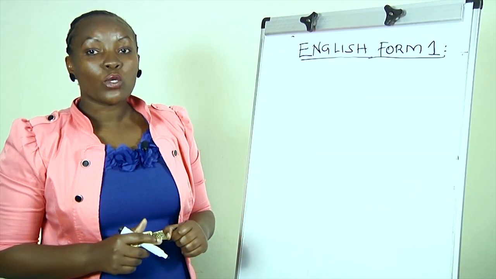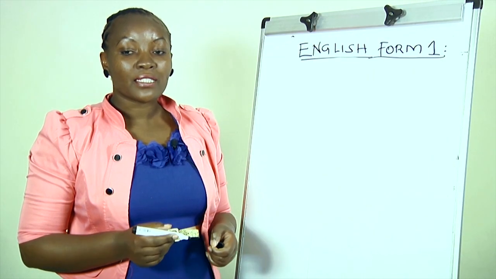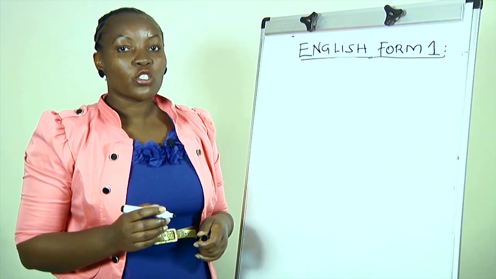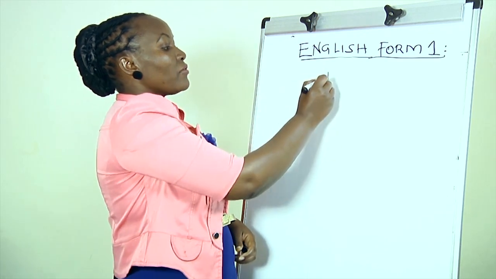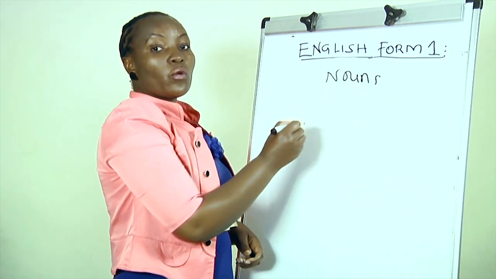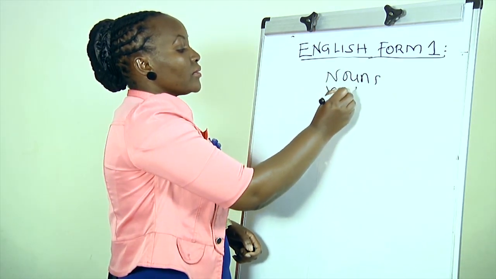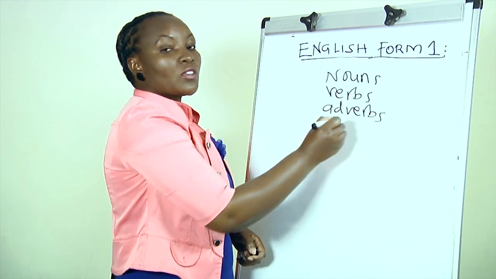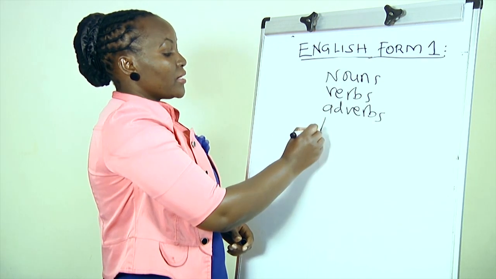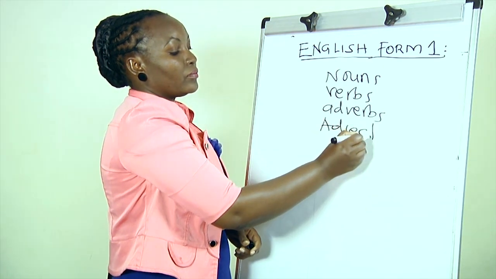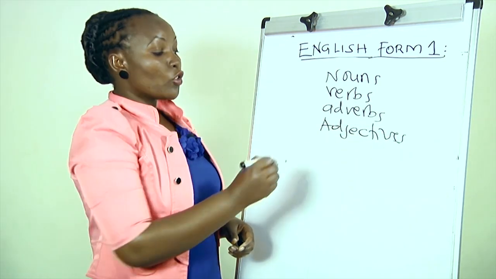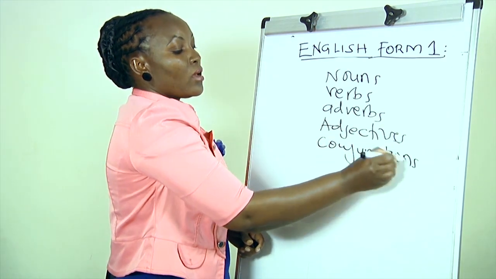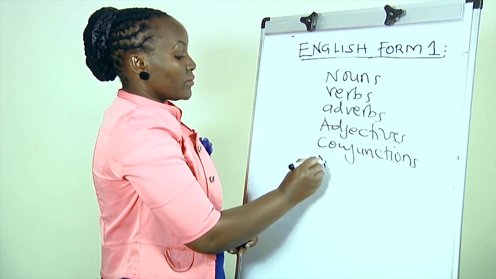And today we are going to look at parts of speech, which we covered even in our primary school, which are usually 8. So our parts of speech are as follows. We usually have nouns, verbs, adverbs, adjectives, conjunctions, and articles.